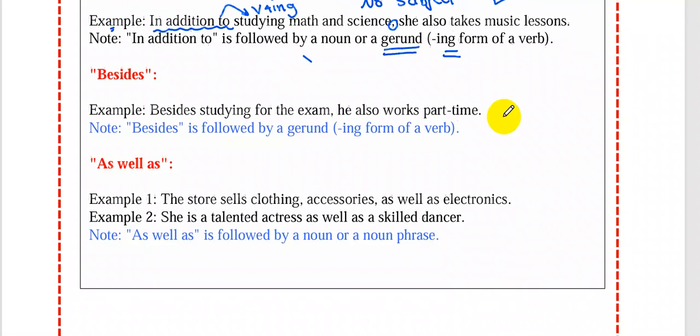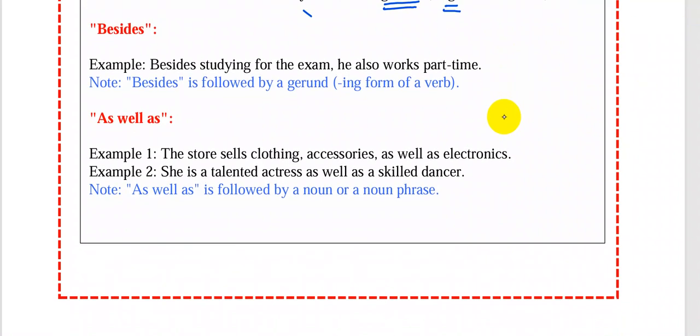The same rule will be applied with besides. Besides with the s. Take care. And in addition with to. So in addition to and besides. Besides studying for the exam, he also works part-time.